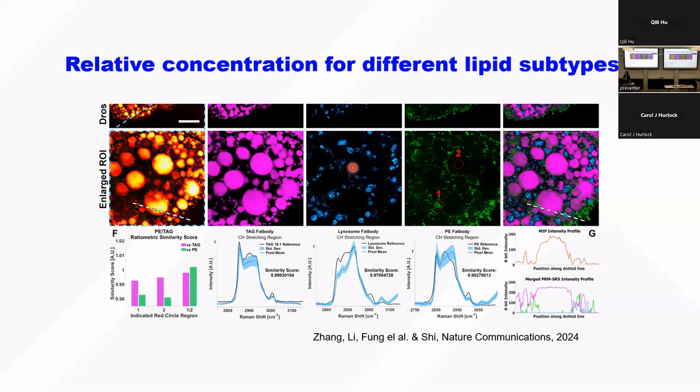We can first measure that lysosome's Raman spectrum profile and detect it. So you figure out all the pixels that have similar spectrum in the cyan color channel here. And these are triglyceride-intensive pixels, so these are lipid droplets in the cell, in the fat tissue. So we can merge them together to generate label-free detection for different subtypes of molecules here.